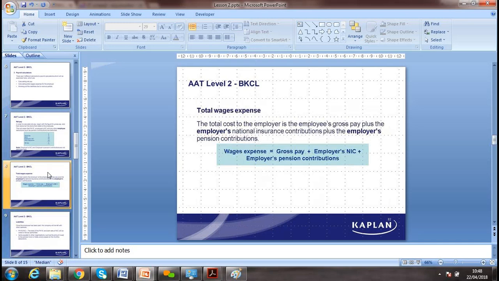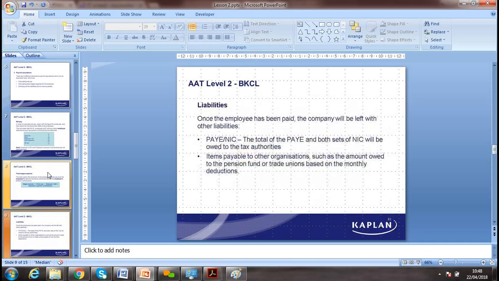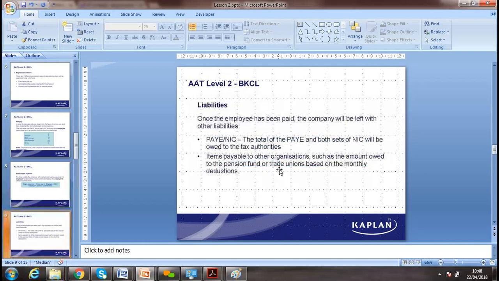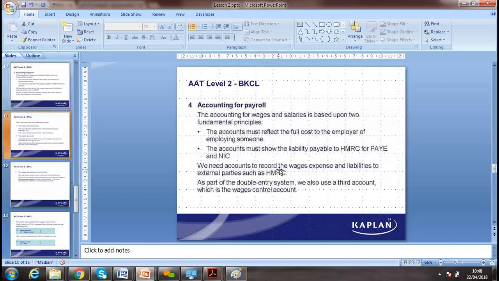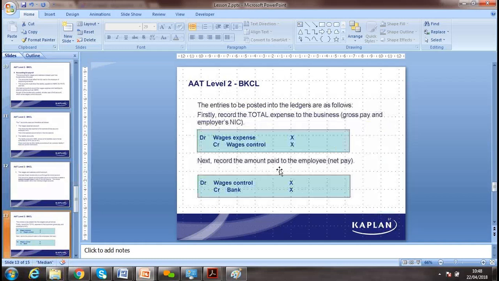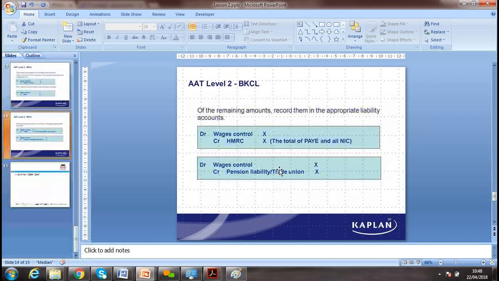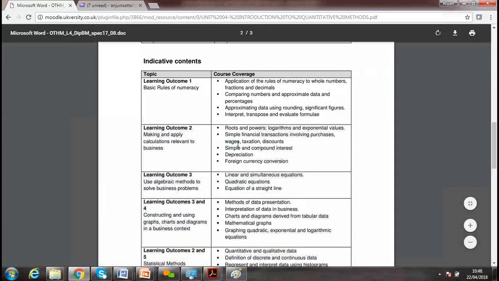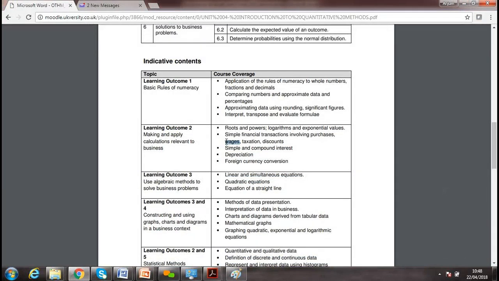Okay, these are transactions. So for wages expense, we look at the gross salaries. I just put some examples for you, we don't need to go thoroughly into it as this is not an accounting course. We just need to learn the basics of wages. Wages normally mean a piece rate, and the salary is normally monthly.